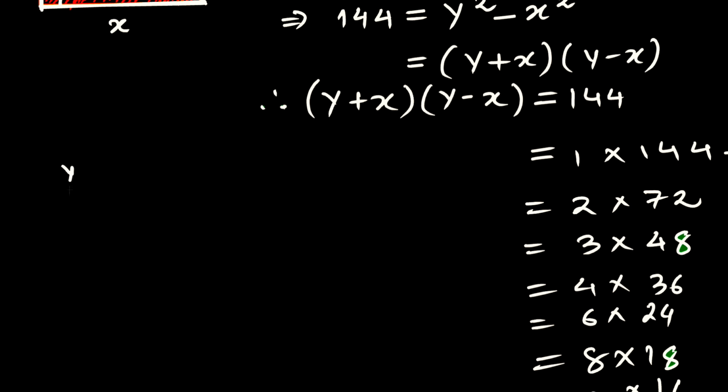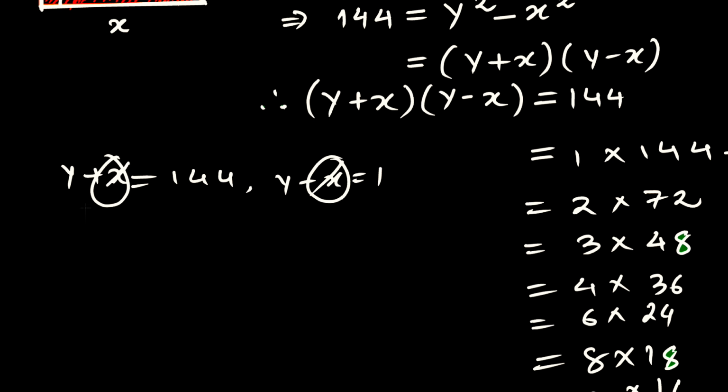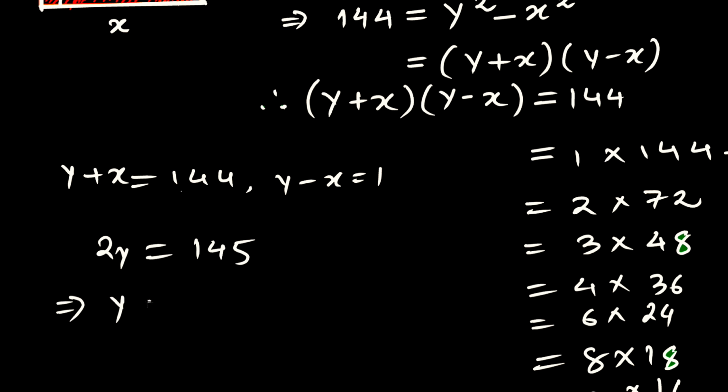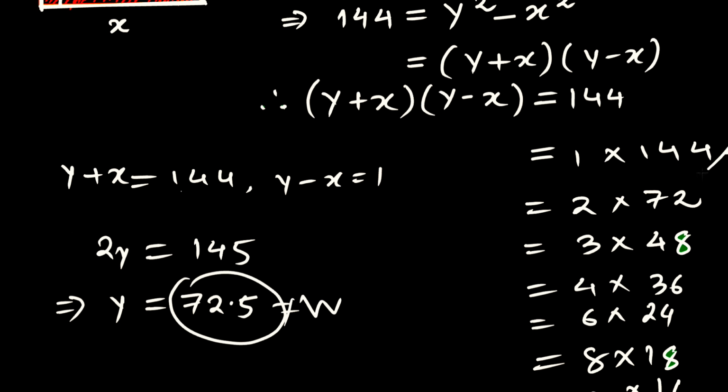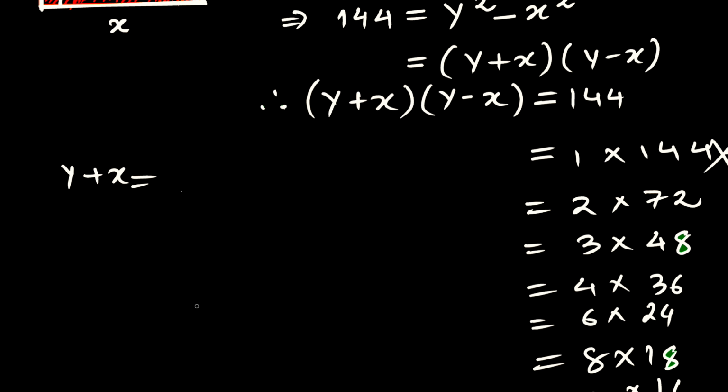Let's add the two equations together. Positive x and negative x cancel, leaving us with 2y equals 145. Dividing by 2 gives y equals 72.5. That is not a whole number, so this factor pair cannot work because the problem requires integer side lengths.